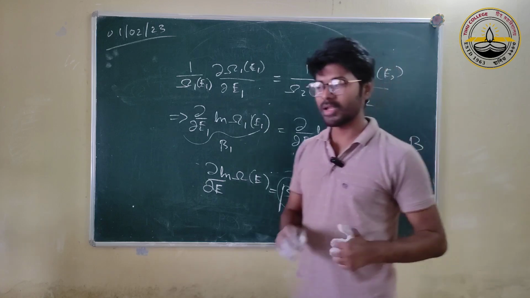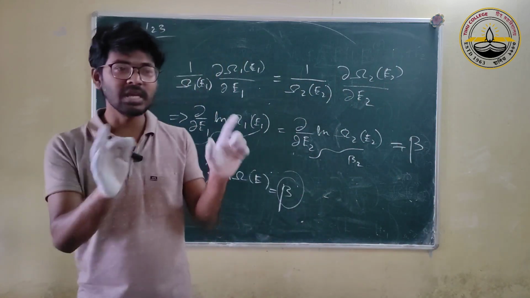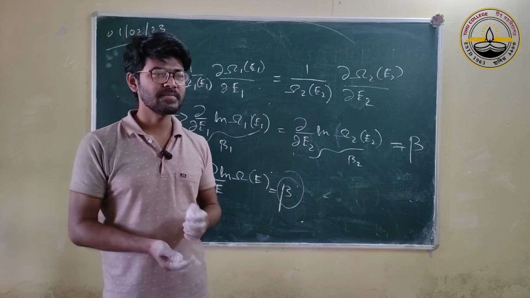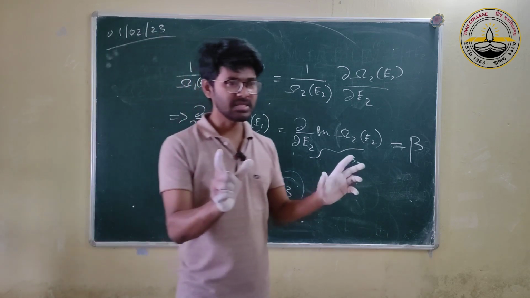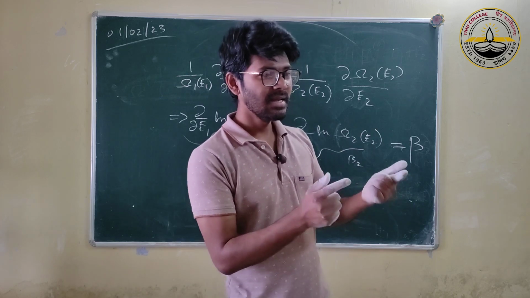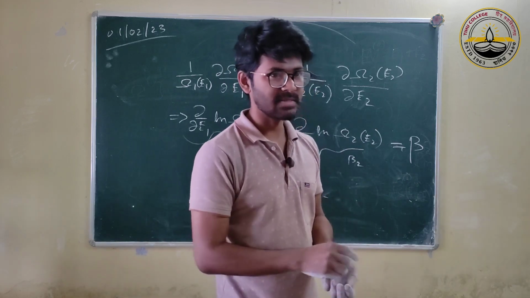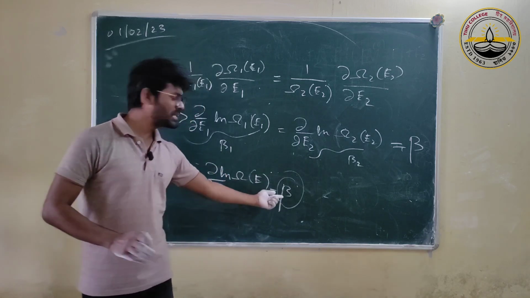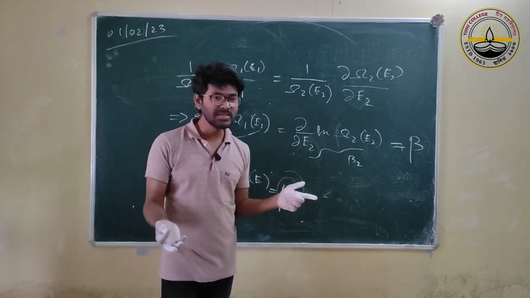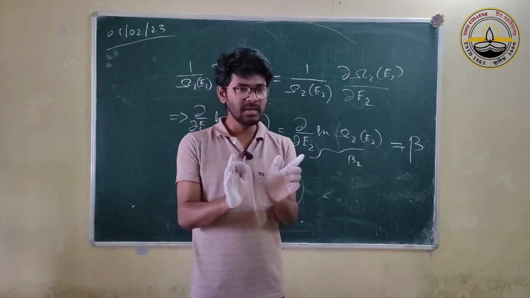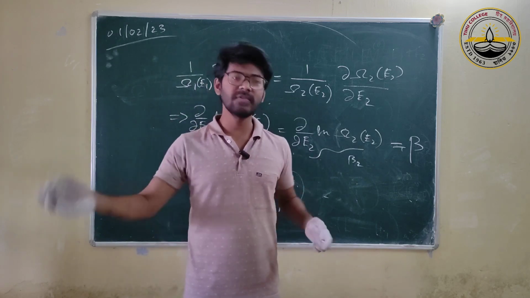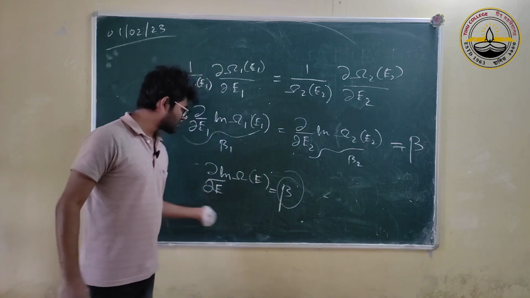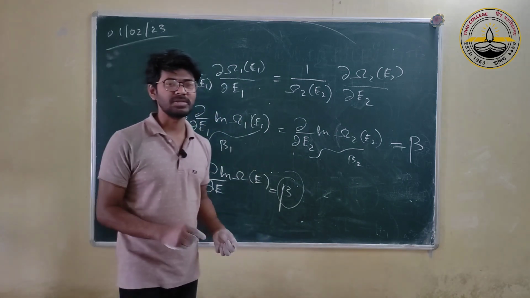Beta 1 equal to beta 2 equal to beta, it becomes equal for both systems, and equilibrium is attained when there is an energy flow, heat flow. What is that? Temperature. Yes. So it has some relation to temperature. It could be T, it could be 1 over T, it could be T square, right? Any function of T. If T becomes constant, any function of T will be constant. So this beta is related to temperature.